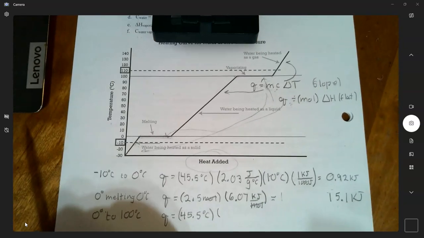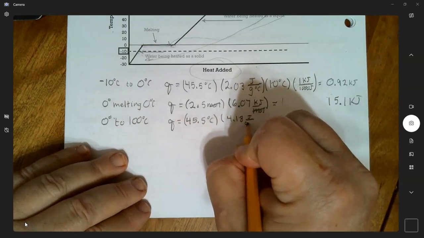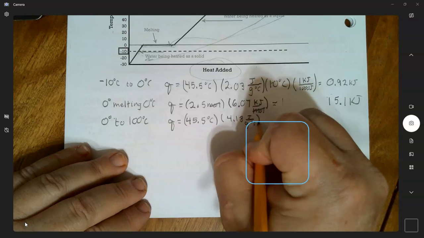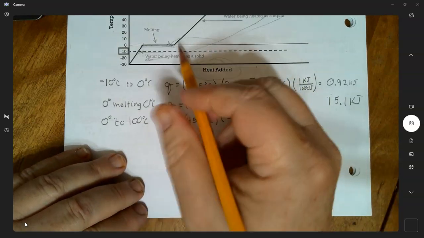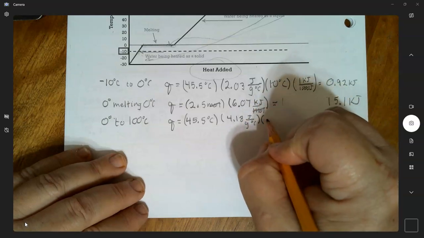It's 4.18, that specific heat of liquid water. And the change in temperature is from 0 to 100. We're heating the water all the way up to the boiling point.